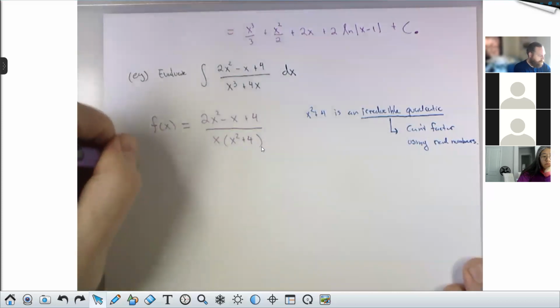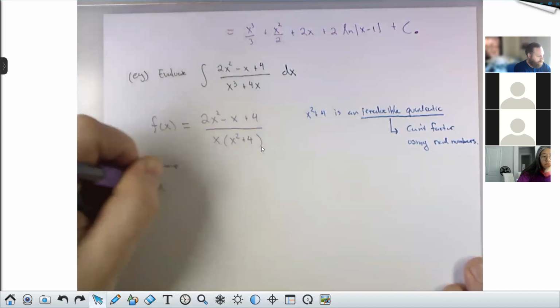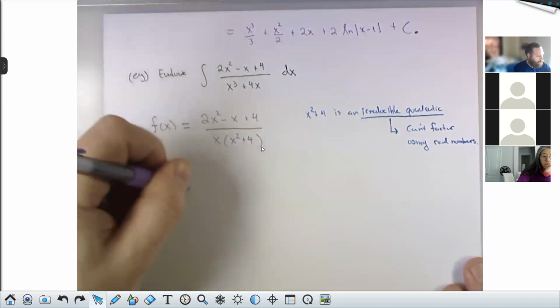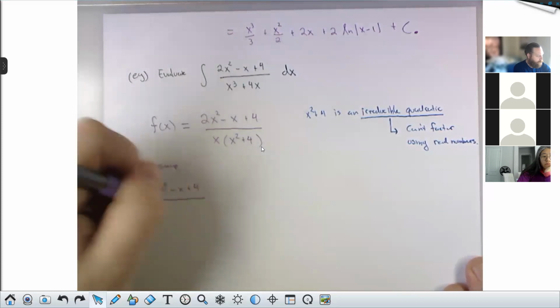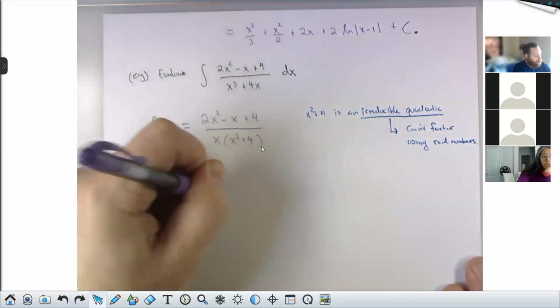So your PFD setup is 2x squared minus x plus 4 over x times x squared plus 4 equals.